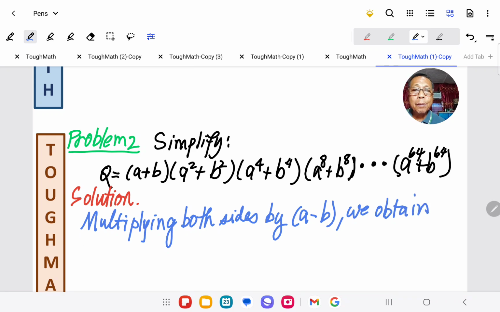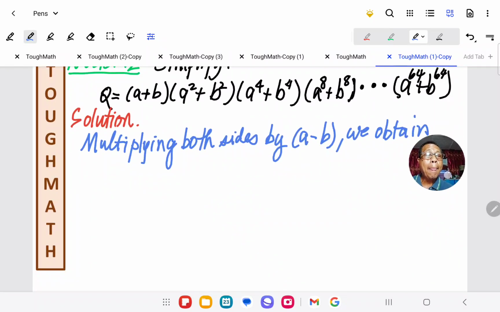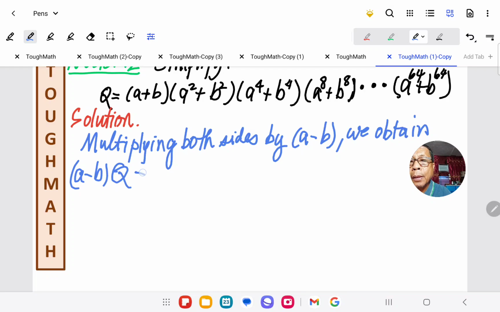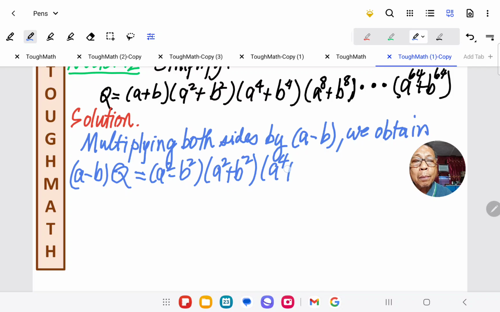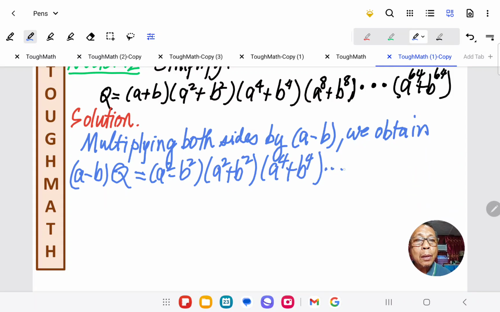on the left side we have A minus B times Q, and then on the right side we have A squared minus B squared times A squared plus B squared times A to the 4th plus B to the 4th times, and so on until the last factor A to the 64 plus B to the 64.